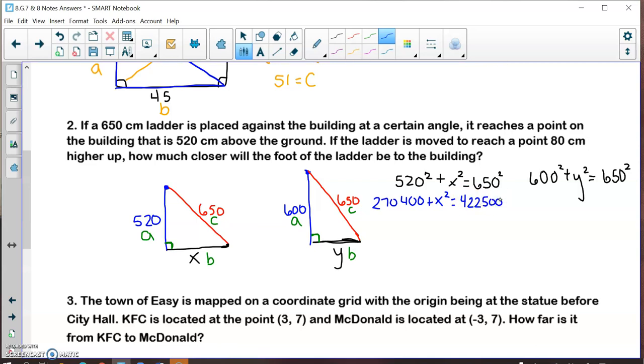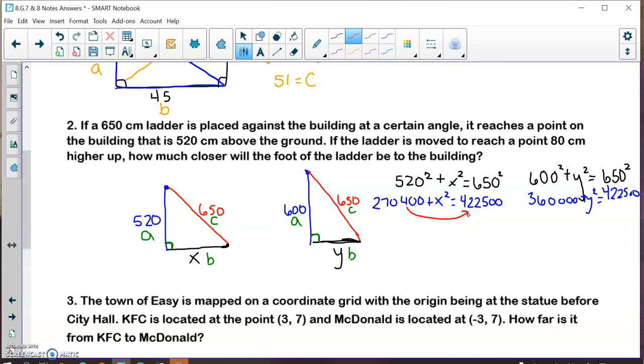In my second equation, 600 squared is 360,000 plus y squared is equal to, and again 650 squared was 422,500.